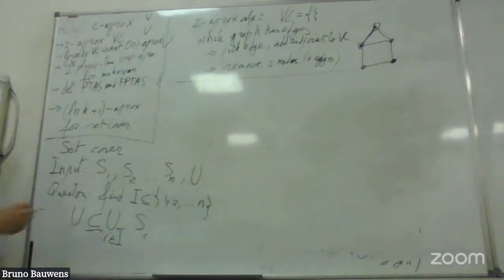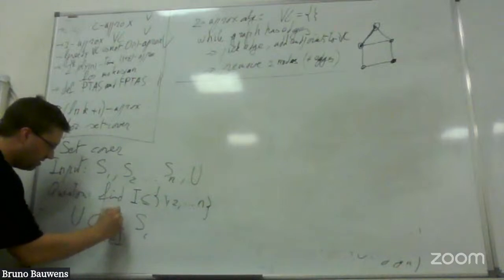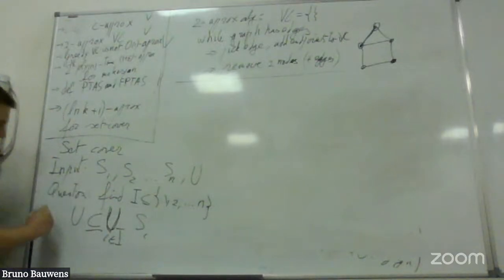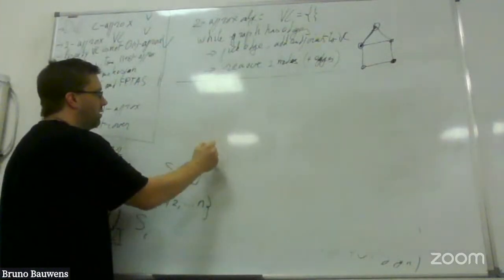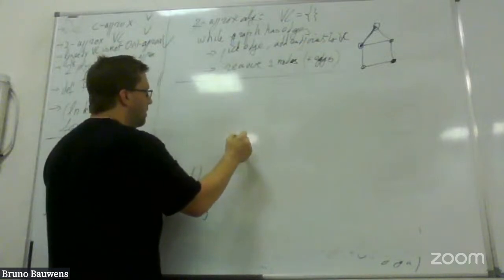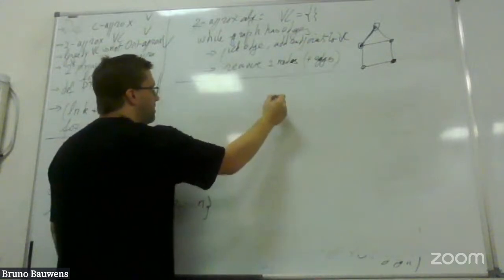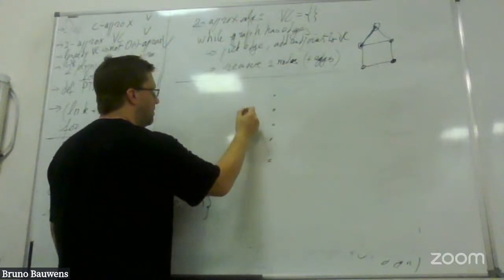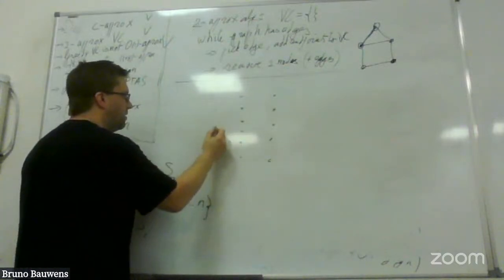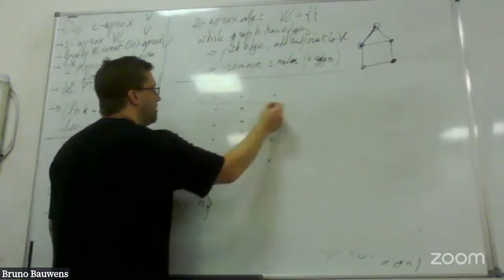Okay, so here is the union sign, and here is set U. Let's do that for example. So here are all elements, and then let's give a few sets.